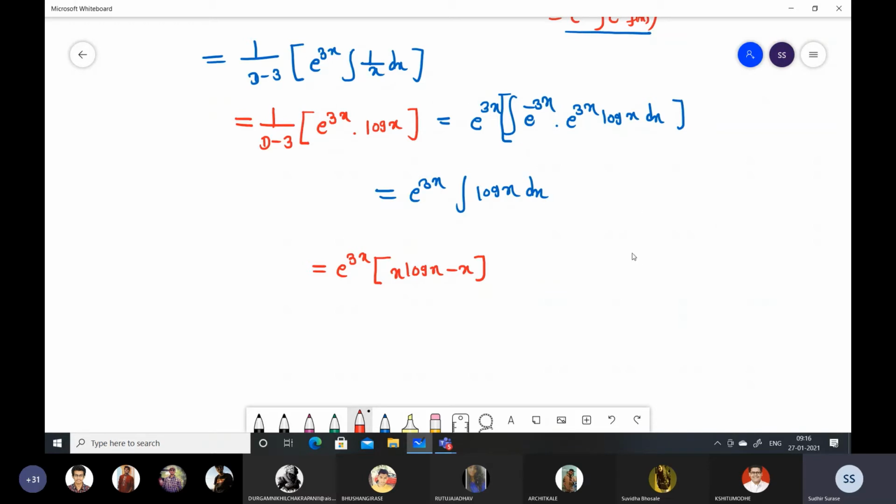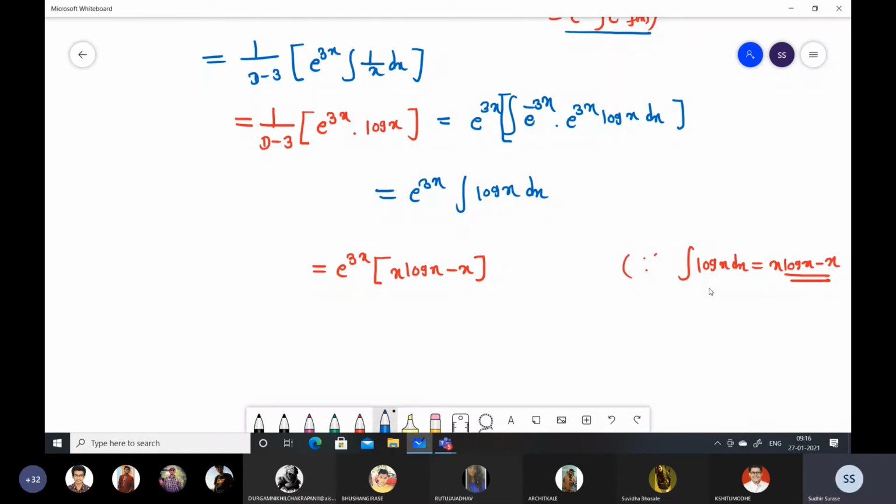So the formula, I'll just mention here: integration of log x is nothing but x log x minus x. If you don't know this, then I suggest you go with the by-parts rule, where you have to identify u and v. So you can take u as log x, v as 1. Let me solve this for you.